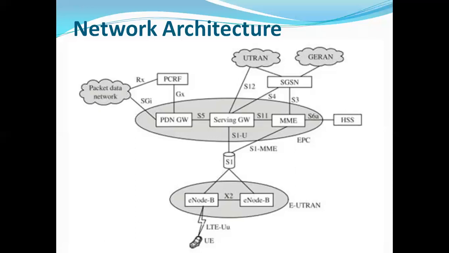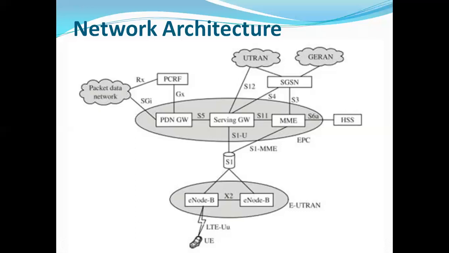It also provides the anchor point for mobility with non-3GPP accesses. The external PDN can be any kind of IP network as well as the IP multimedia subsystem domain. The PDN gateway and the serving gateway may be implemented in one physical node or separate physical nodes.